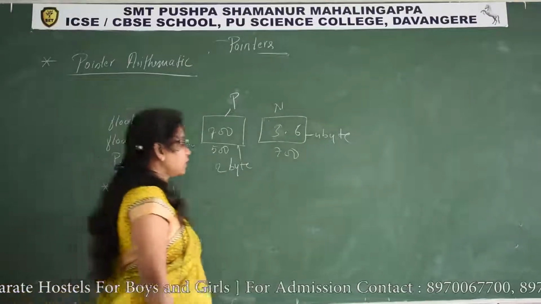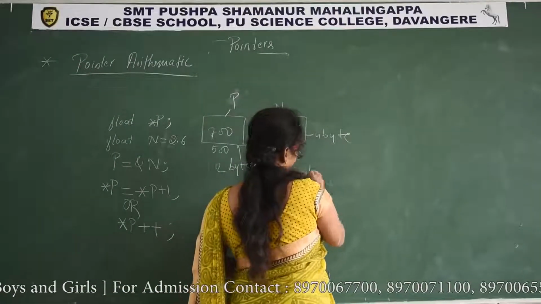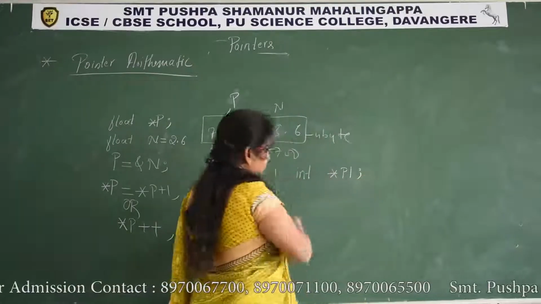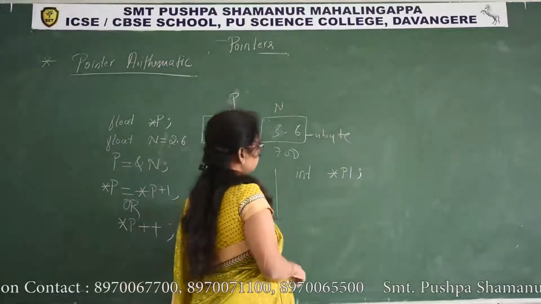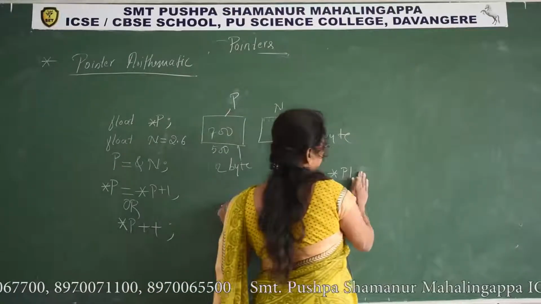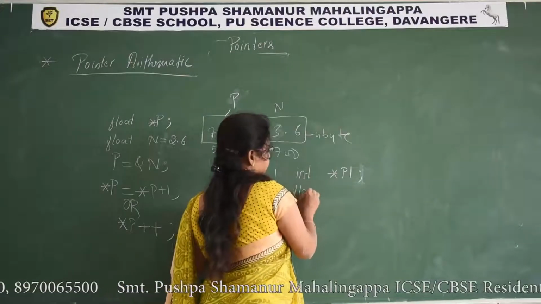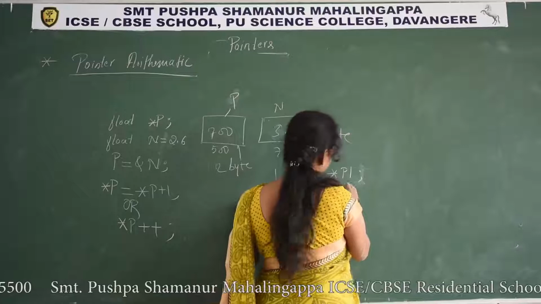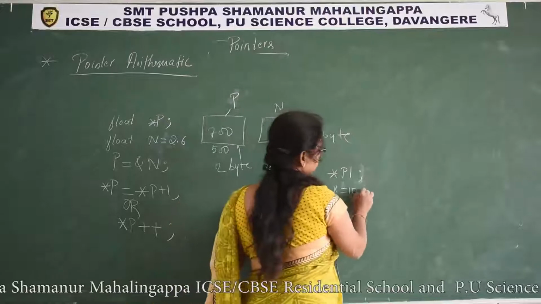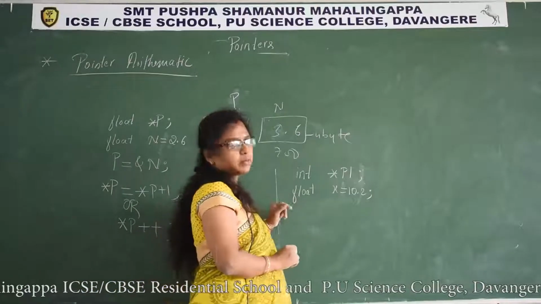Let us consider another example. I have taken an integer pointer and I have taken a floating type variable, a normal variable.